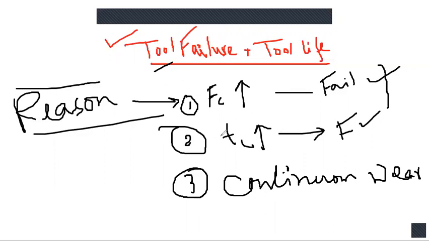Okay, if the temperature is very high, then there is a chance of the tool goes to plastic region, so that the tool metal becomes soft, and then the property that tool is always harder than the job is failed, so that the purpose of tool is not served. Okay, these three are the basic fundamental reasons.